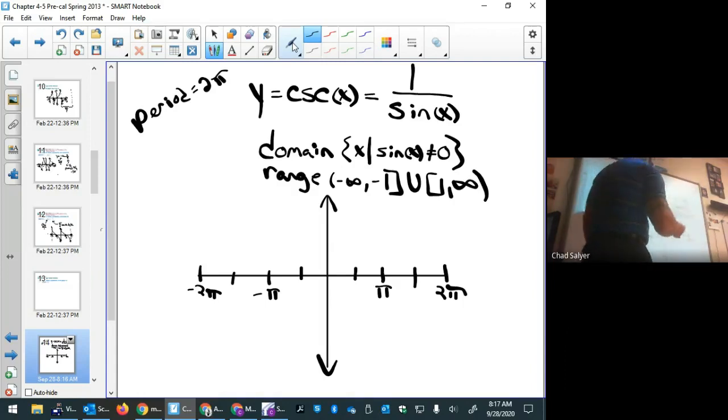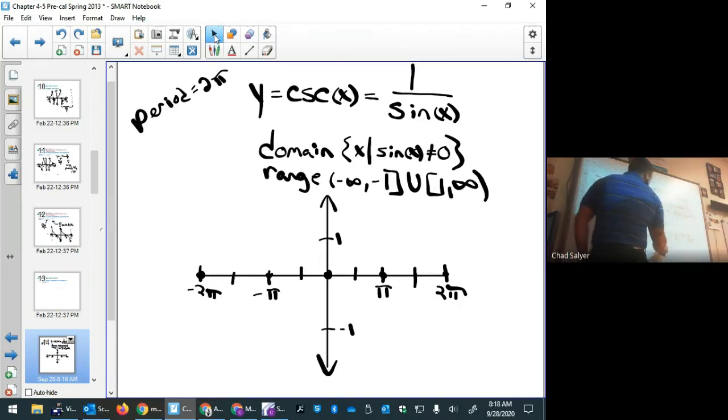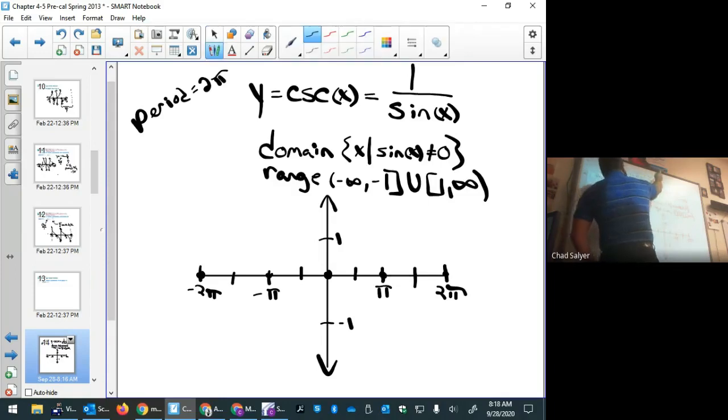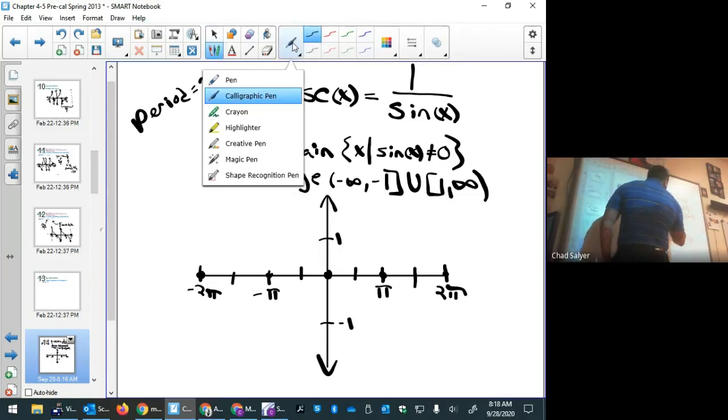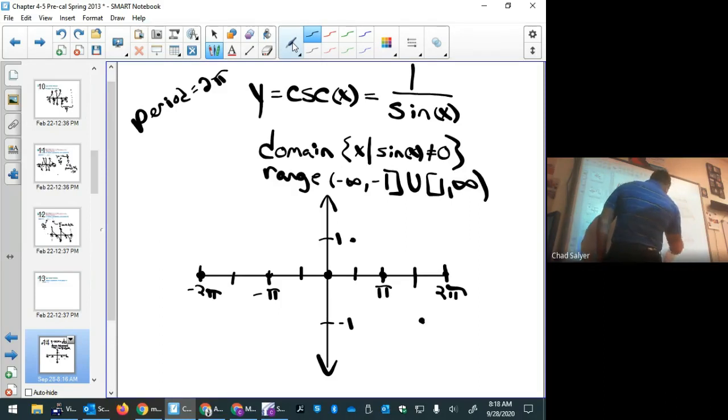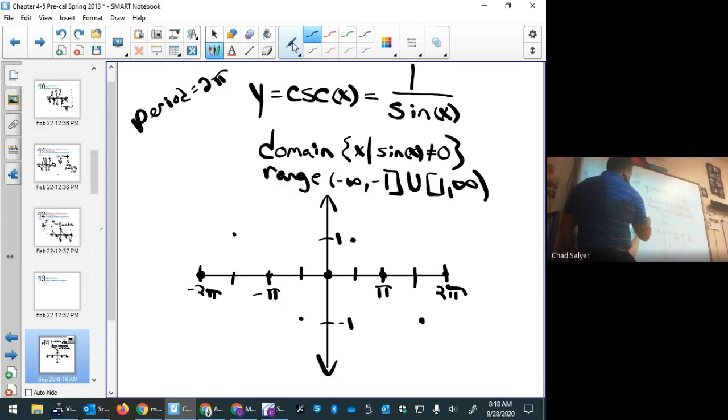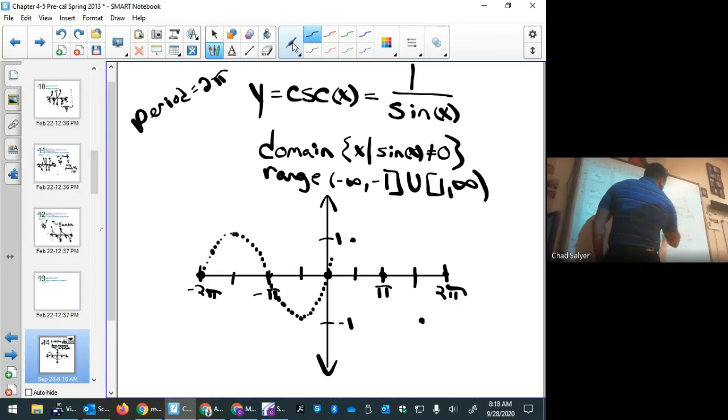Use the sine as a guide for the cosecant. All right, so sine includes the origin, and it has zeros at every multiple of pi. Sine of pi over 2 is 1, negative 1. Consistent. Okay, so this point, this one. We're just dotting in the sine as a guide, not actually part of the graph, just going to help us.